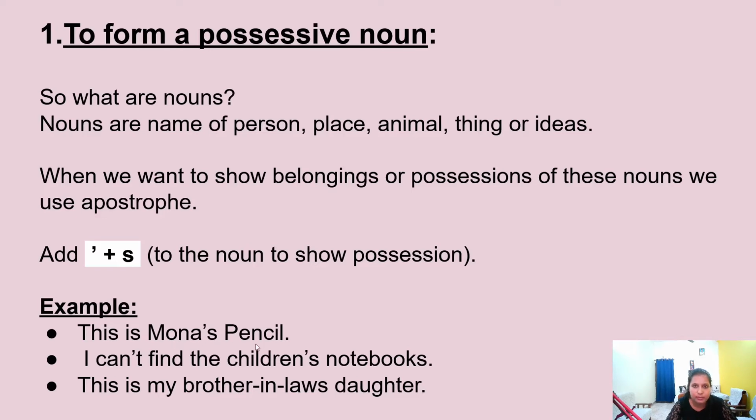So what does this mean? This means that the pencil belongs to whom? It belongs to Mona. In the same way, I can't find the children's notebooks. Again here, these notebooks belong to the children, and that is why I have used apostrophe s to show that these belong to the children.